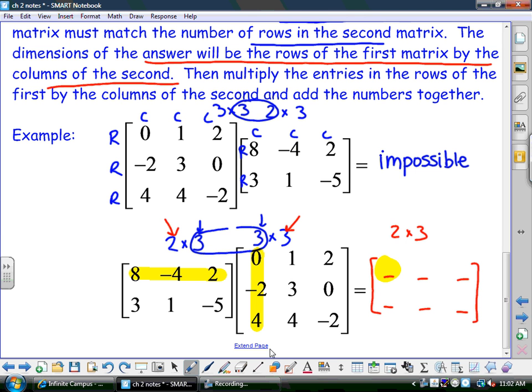We are going to multiply 8 times 0 plus -4 times -2 plus 2 times 4, and add all of those together, and that one number will be the number that goes in first row, first column of our answer. It looks like in this case that's going to be 0 plus 8 plus 8, or 16.